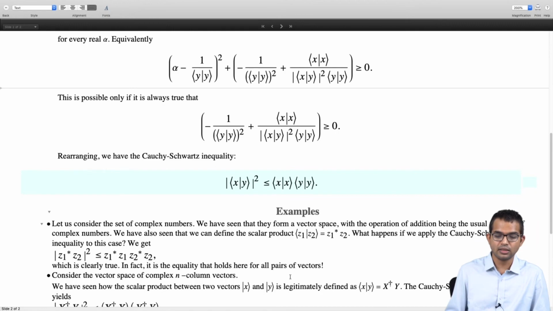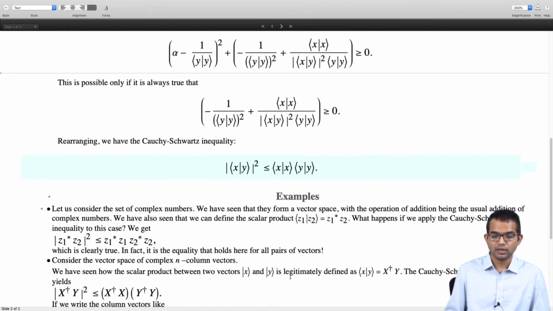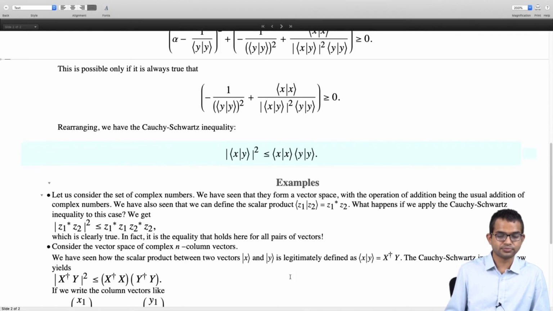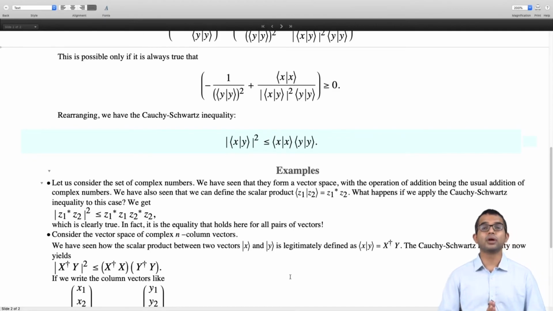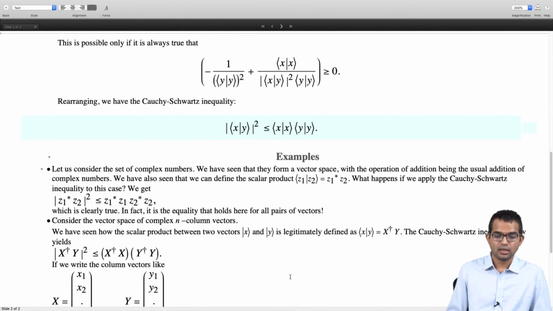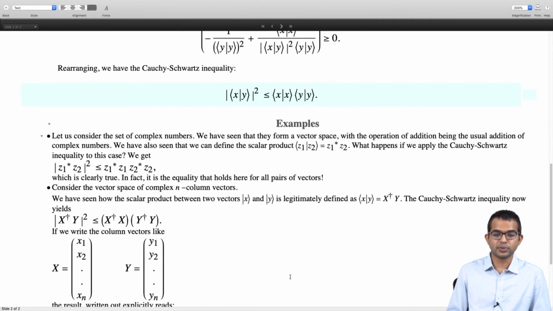Now, there are other cases where it's actually quite a strong result. For example, we saw that n complex numbers arranged as column vectors form a linear vector space, right? Consider any two such vectors.